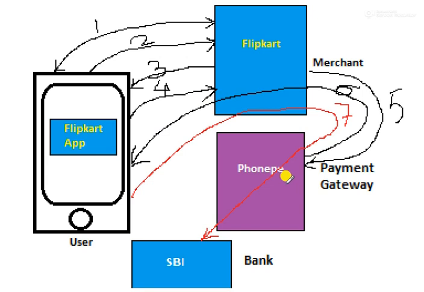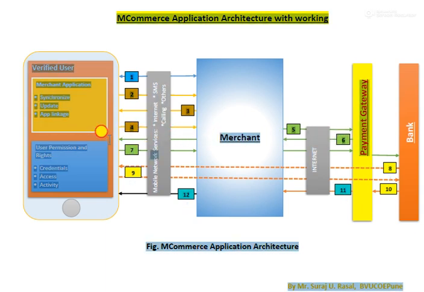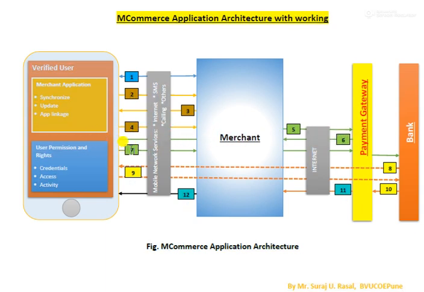In short, the payment gateway is connected to the bank here. It is not shown here, but don't get confused. When this kind of request is received by the payment gateway, which is connected to the bank, the request is generated to know the user, and after that this user passes back the user credentials.